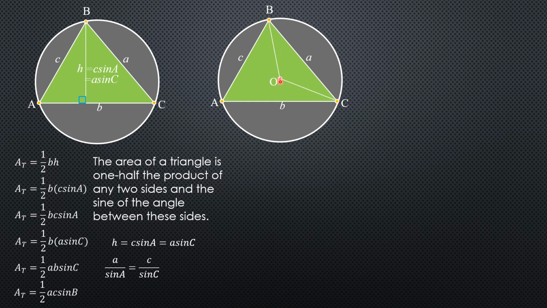So this is an isosceles triangle. The measure of this angle should be 2 times angle A because the radius of the circumscribing circle is R. This is also R. Therefore, triangle BOC is an isosceles triangle.